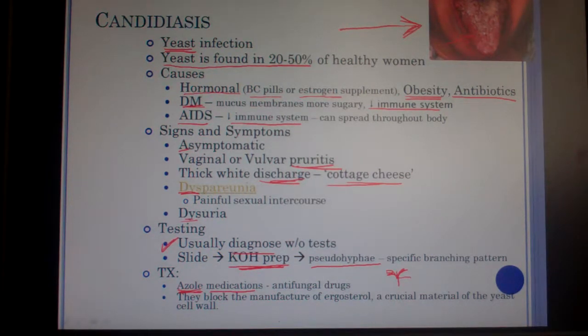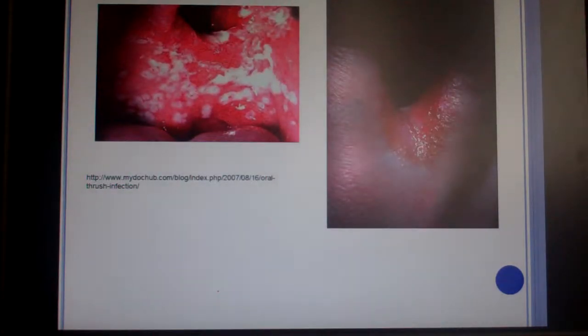I'm not sure that we go into what they do this much in this class, but ergosterol is something you really need for the cell wall of a yeast to grow, and you block the manufacture of that with these azole drugs, and it can't replicate anymore, so it cuts it off.